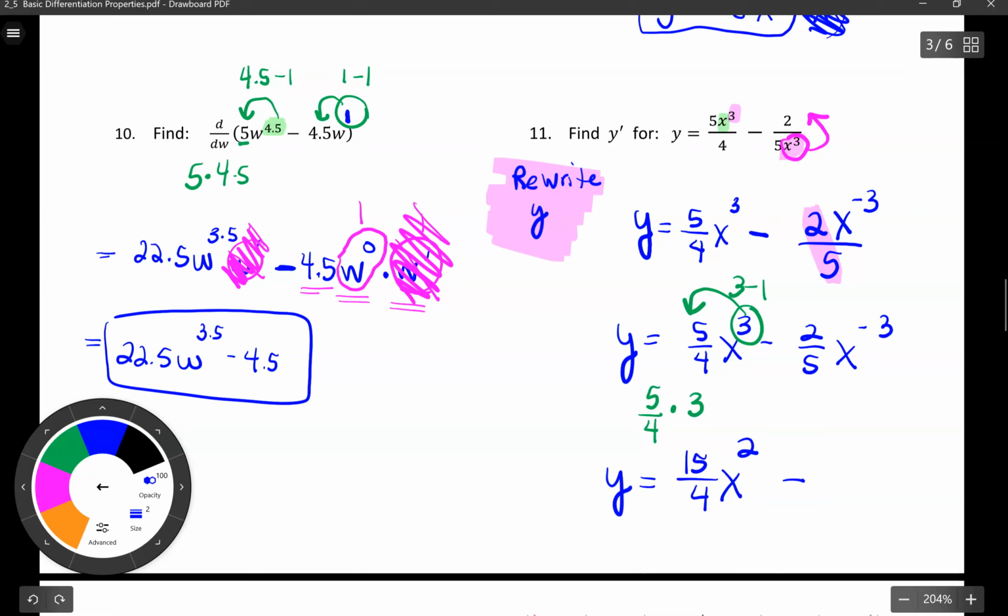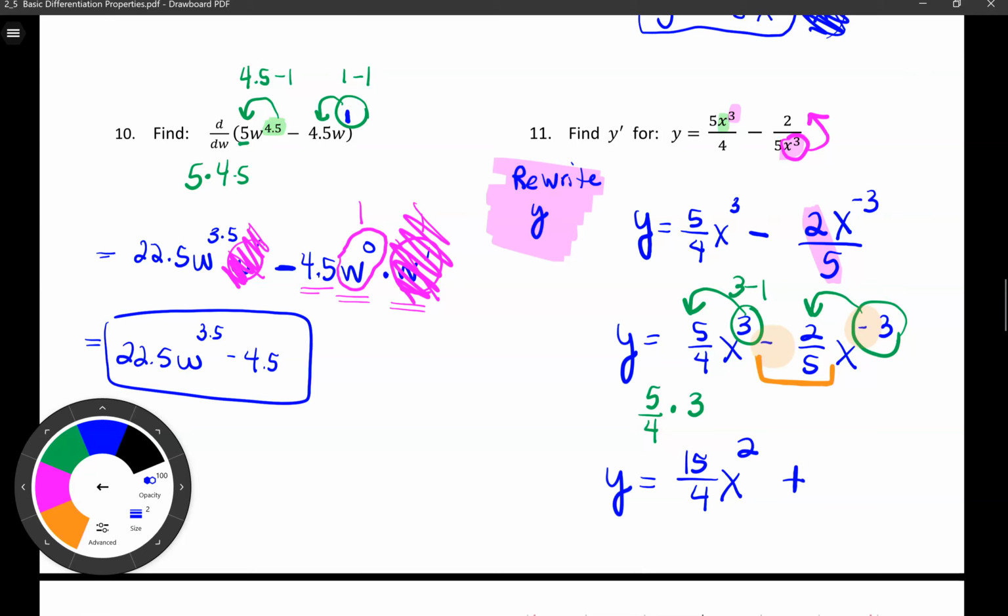And then on the other one, the same thing is going to happen here. I drop this down, but be careful. When I drop it down, there's already a subtracting fraction. So you have a subtraction there, and you have a negative coming down. So when you multiply those together, you're going to get that double negative, which is going to make it a plus.